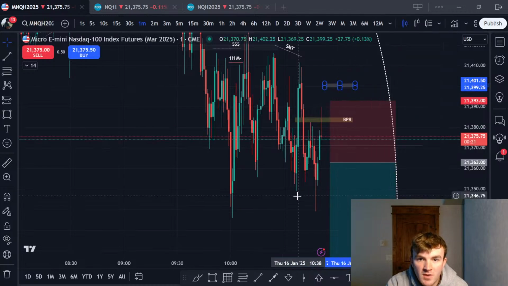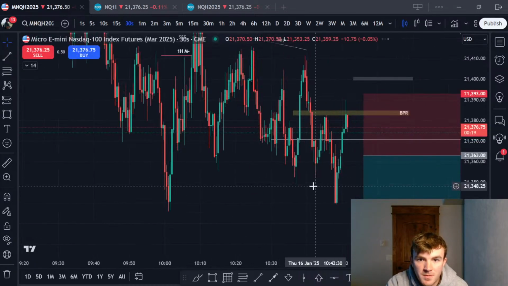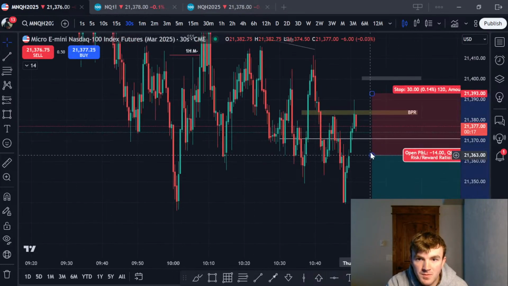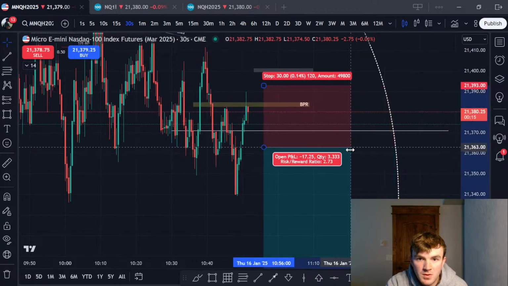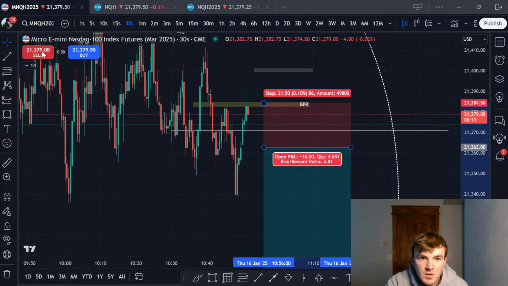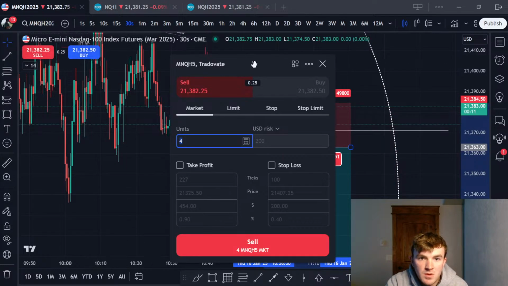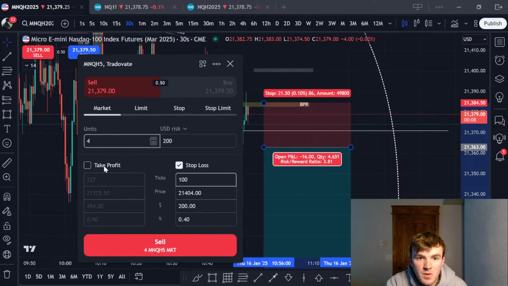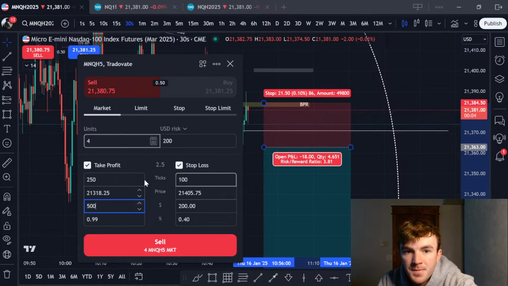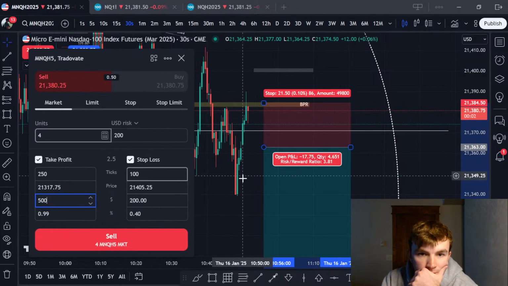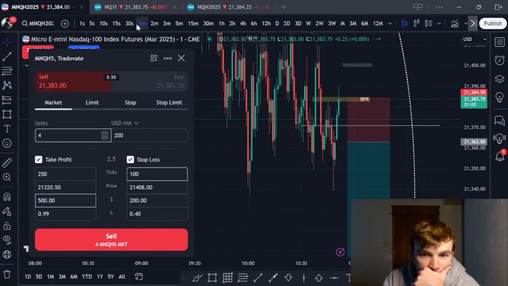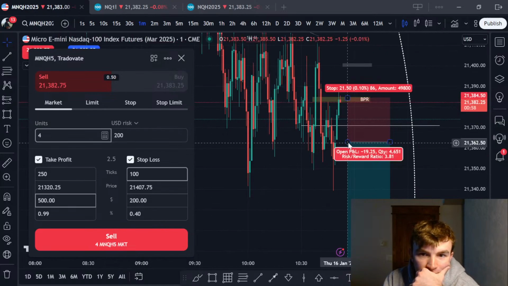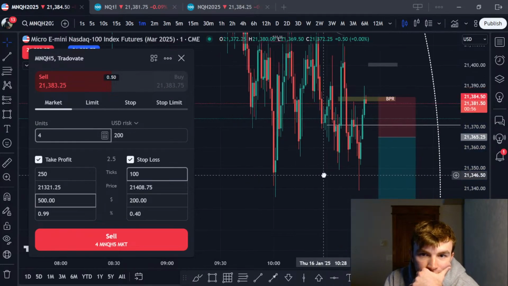I gotta figure out lot size. Oh, shoot. So if we get, probably if we inverse this 1 minute, then yeah.